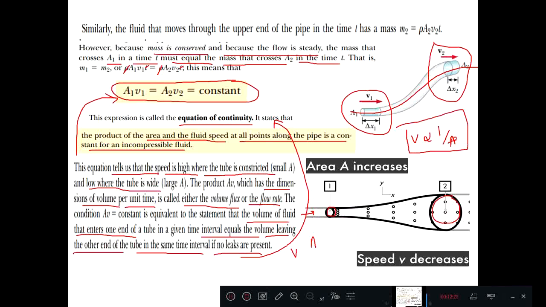Whenever the area is more, velocity will be less. Whenever the area is less, velocity will be more. Area A increases, speed V decreases. So this is the equation of continuity.